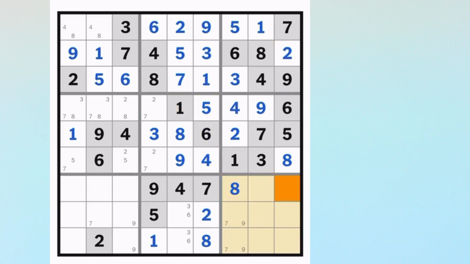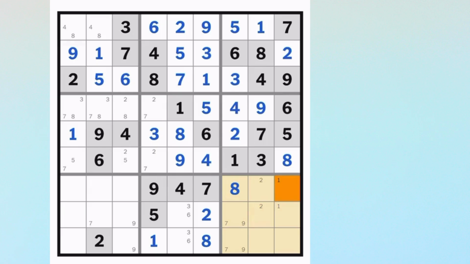So this will become 1 and 1. Then all the 3 will have 3 as a likely candidate. These 2 will have 4.